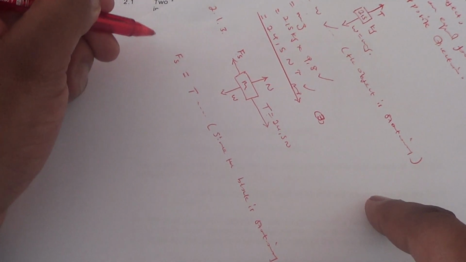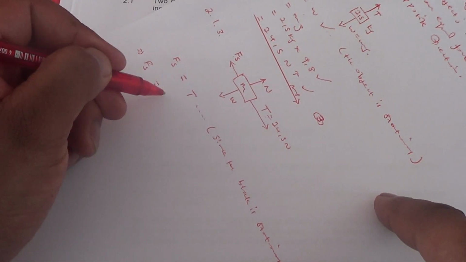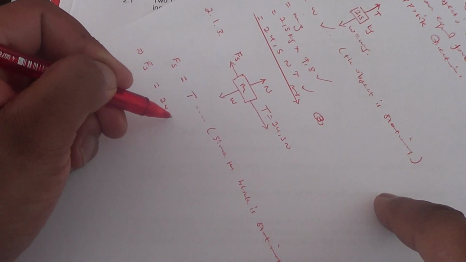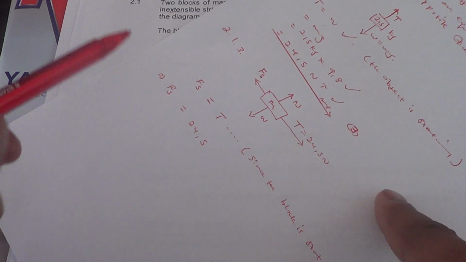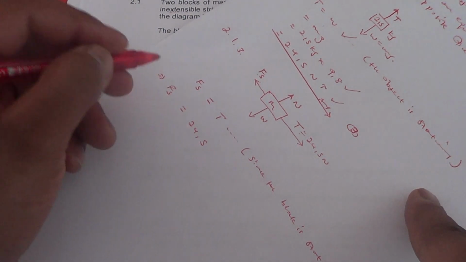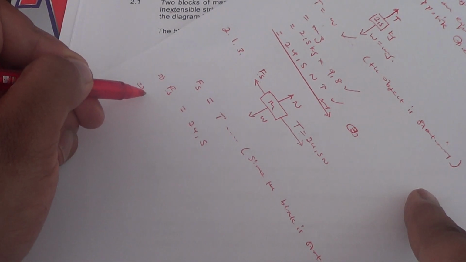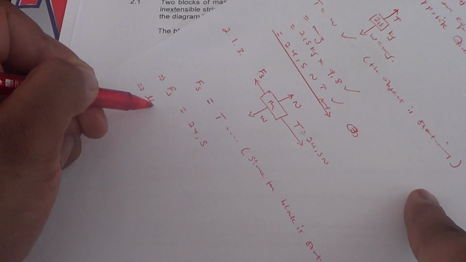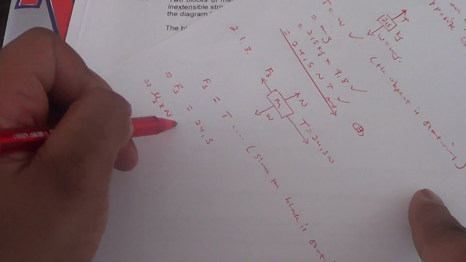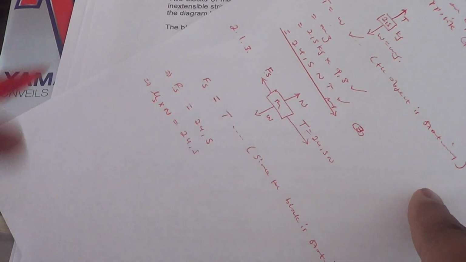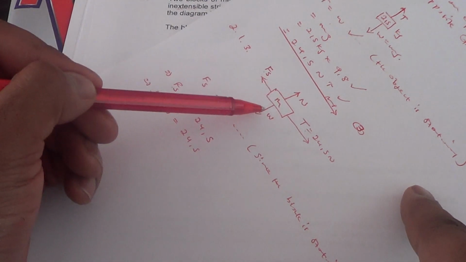So now this implies that our Fs equals the tension, which is now 24.5. But what do we know about this situation over here? We know that friction is given by the coefficient of static friction multiplied by the normal force. This now gives us 24.5. Again, there's no movement downward or upward, so they are balanced.